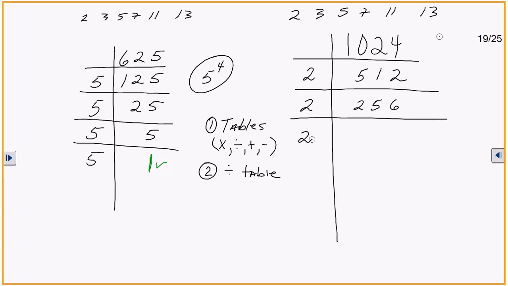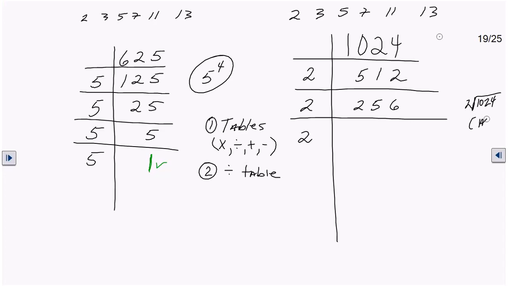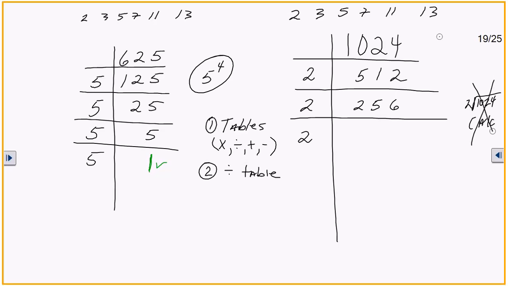Now, if you're going over to the side and you're doing 1,024 divided by 2, or you're using a calculator, you're missing the boat. We're going to go back and tell you one more time. You would be surprised on how many people can't do math.